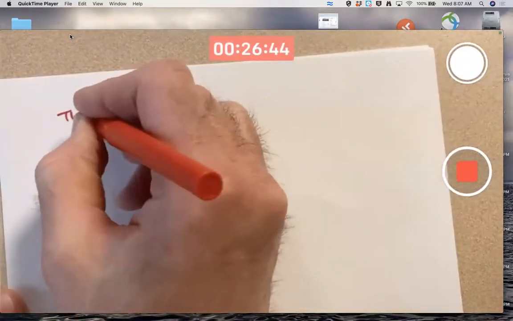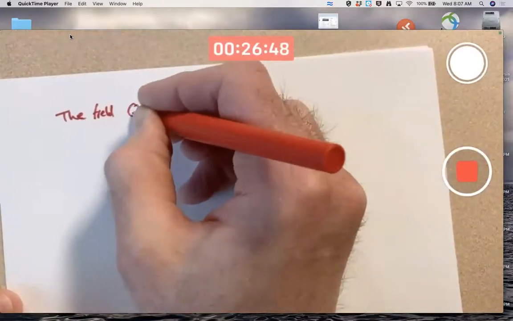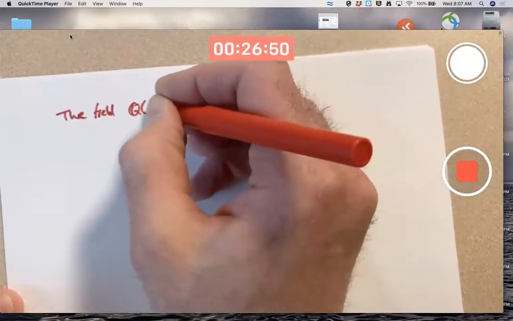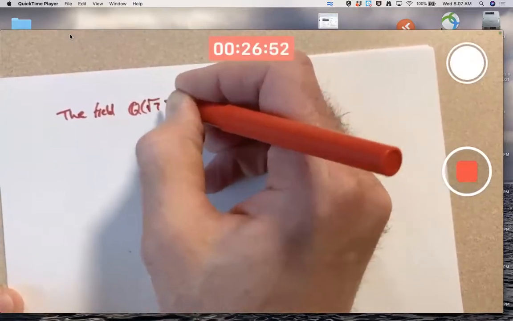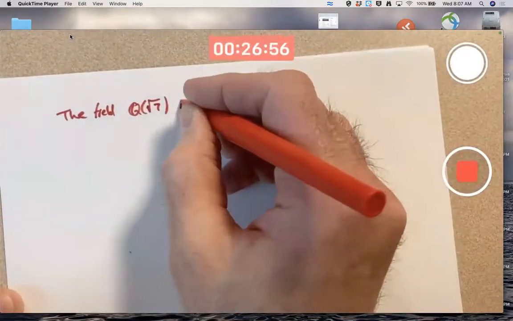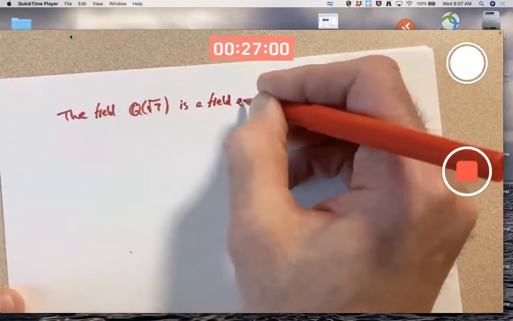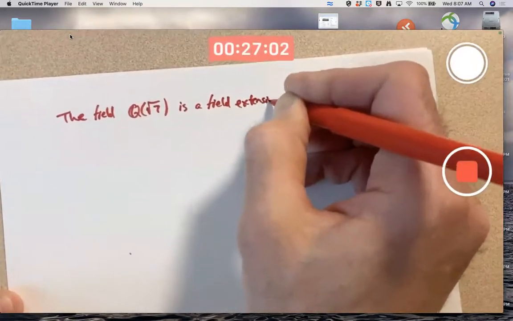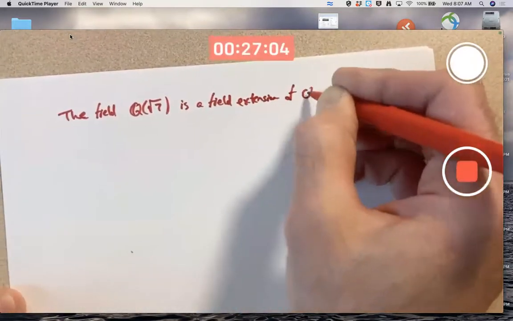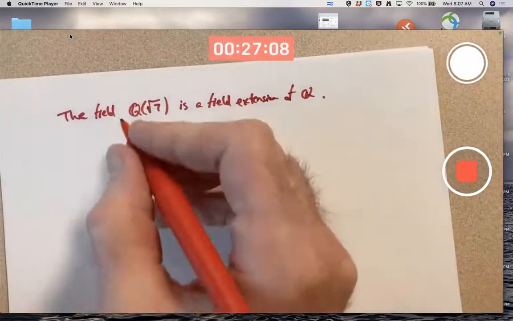So here's our example. The field Q adjoin, let's make it say, square root of 7 is a field extension of Q. We knew that already.